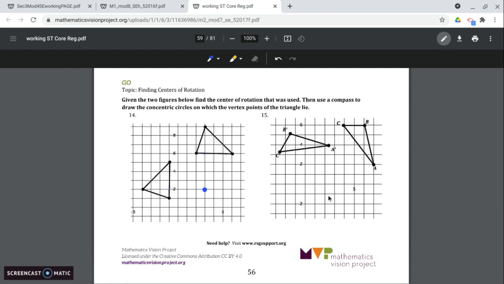It's going to be way down here. So we're going to be coming over 1 because that's going to help with this rotation. And then we're going to go down from C 1, 2, 3, 4, 5, 6, 7. Put it over here. And that will be our point of rotation.